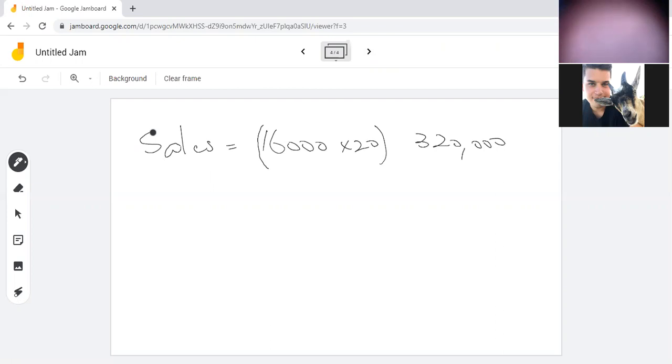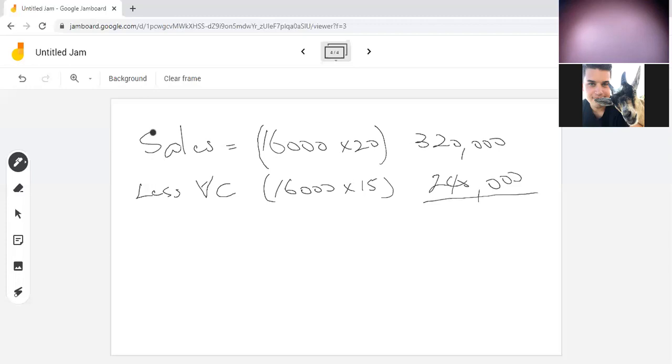All right, so we have 320,000. Then this is going to be less variable cost. Variable cost, so it would be the same number of units, 16,000, times 15. And so this would be 240,000. So this would give us our contribution margin.